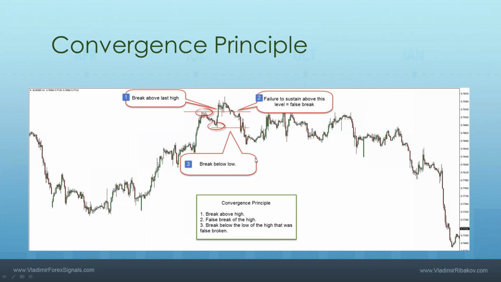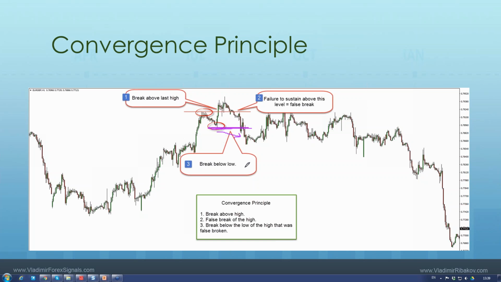Number one, first of all, the first step is to find a good false break. Is that a good false break, yes or no? The answer is, as you already know, yes. That's the last two candles. This low is lower, so we have high, low, high. That's a false break. This is where it is completed. Convergence principle would be the moment where price would be below this low again.